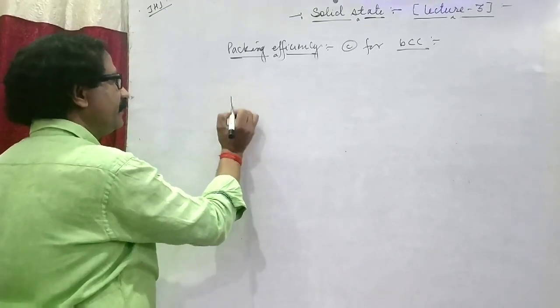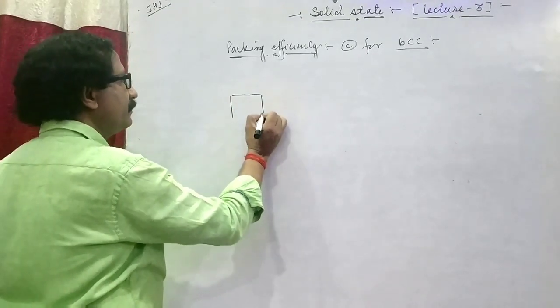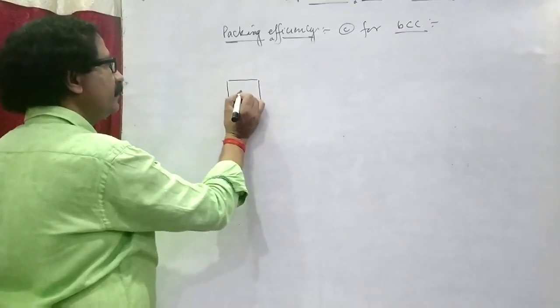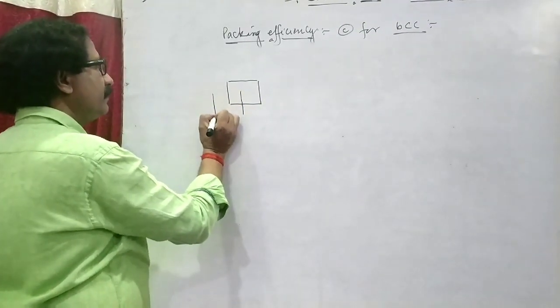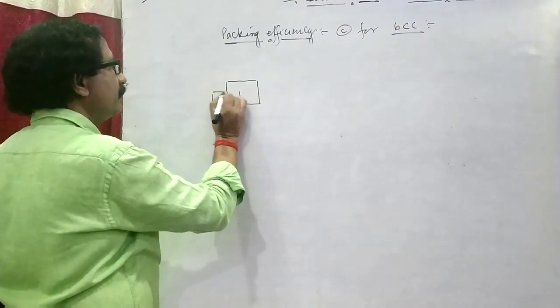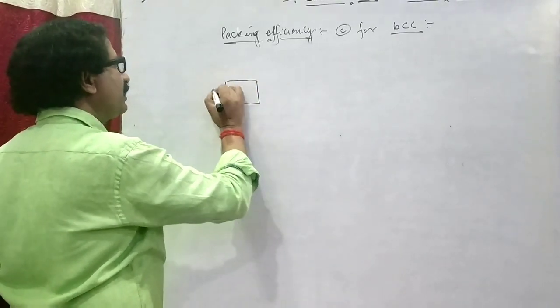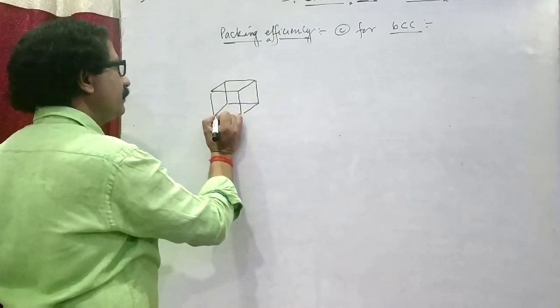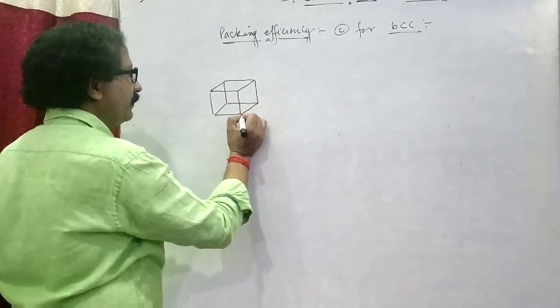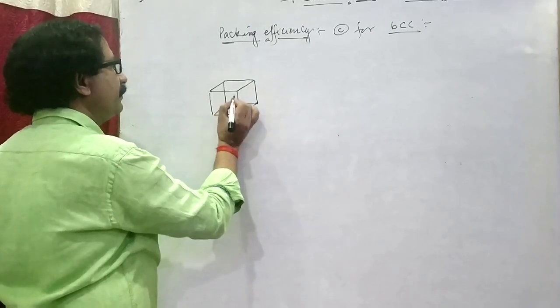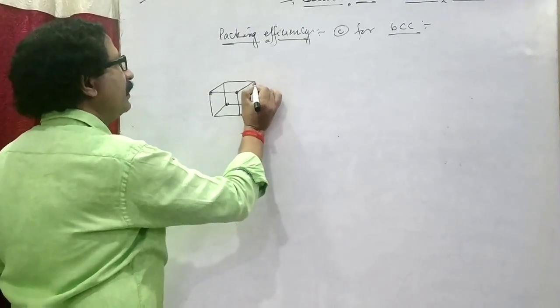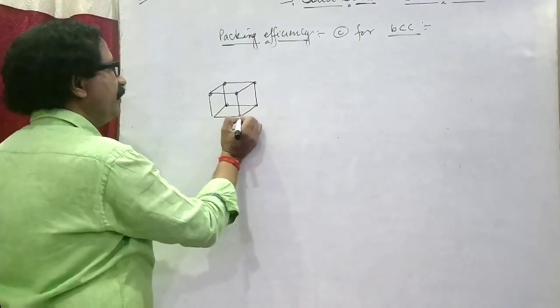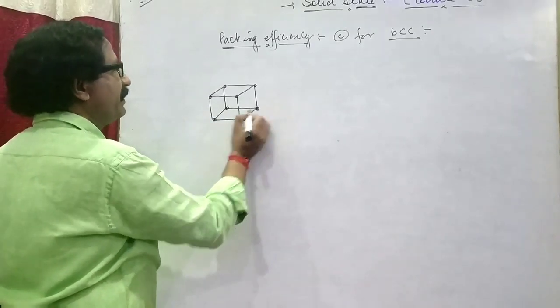See, forming the structure of BCC is a very effective part of packing efficiency. It is the most effective part of packing efficiency.